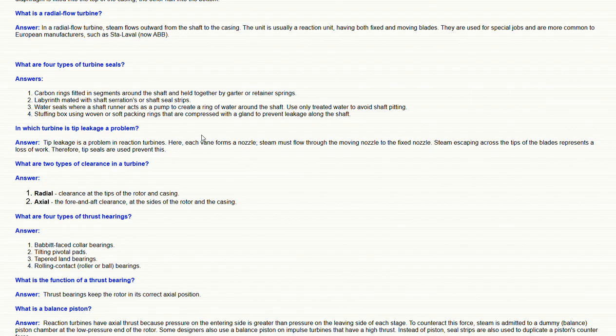According to my concept, in which turbine is tip leakage a problem? Tip leakage is very important in steam turbines. It causes recirculation and drops the pressure in the turbines, and it happens in reaction turbines, not in impulse turbines, because in impulse turbines the steam pressure is converted into kinetic energy at the first stage of the nozzles.